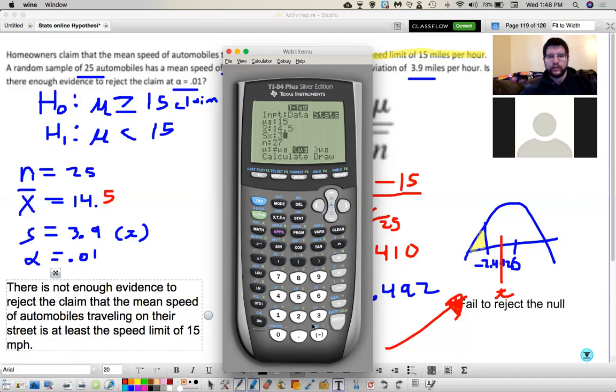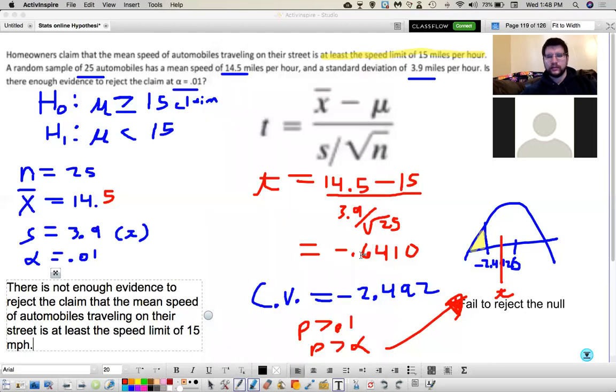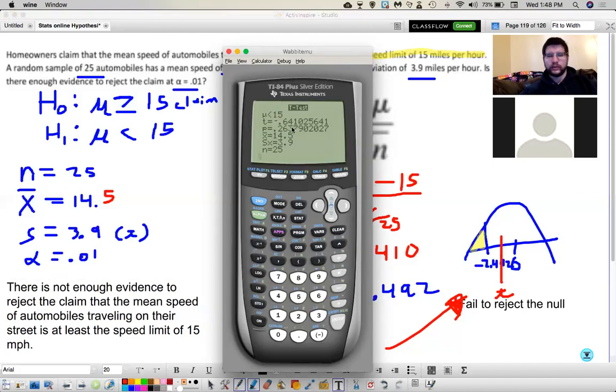S is 3.9. N is 25. And again, it's a left tail. I guess I love these left tails. Calculate. And it gives us our test statistic, negative 0.6410, and our p-value. If you're using a TI, it gives us the actual p-value, 0.2637, or 38.